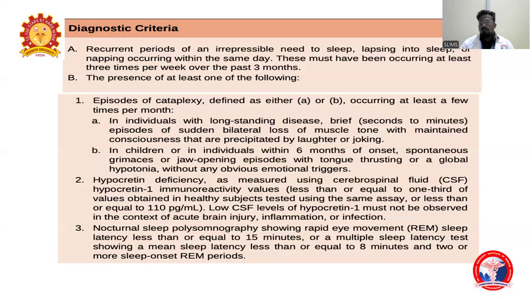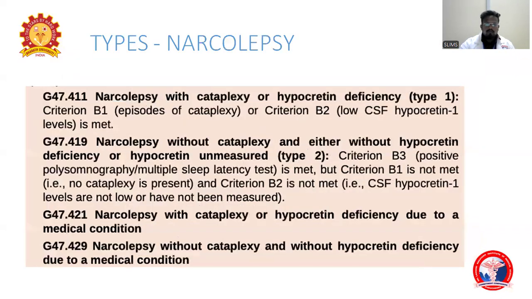Nocturnal sleep polysomnography should be done, showing rapid eye movement (REM) sleep latency less than or equal to 15 minutes, or multiple sleep latency tests showing a mean sleep latency less than or equal to 8 minutes and 2 or more sleep onset REM periods.